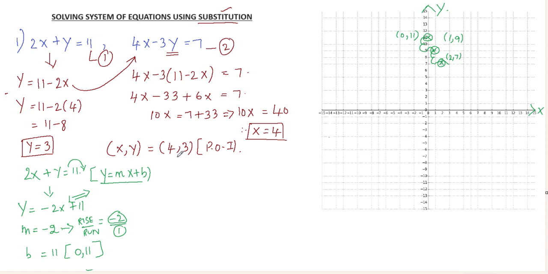Again, decrement the value by 2 to 5 and increment x by 1. So it becomes 3, 5. So like this, we are going to plot the various points and then you are going to draw the line.